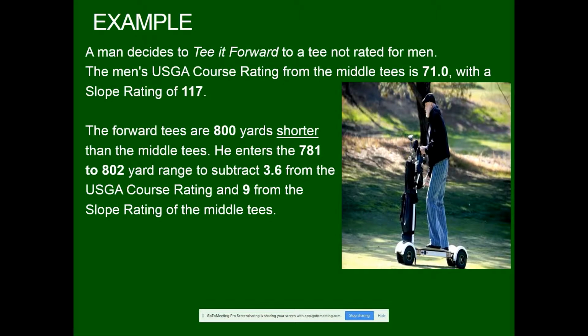So this individual wants to utilize Tee It Forward, wants to play a set of tees that are farther up that doesn't have a men's rating on it. So the closest rating that is near there to that set of tees is 71.0 and our slope rating 117. These tees are 800 yards shorter. So what he would do is go into the book and find out on the table that between 781 and 802, he needs to subtract 3.6 strokes from the rating and 9 slope points from the middle tee.